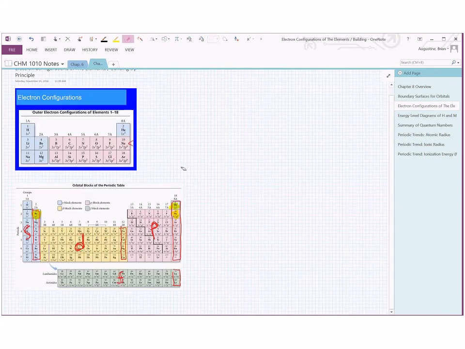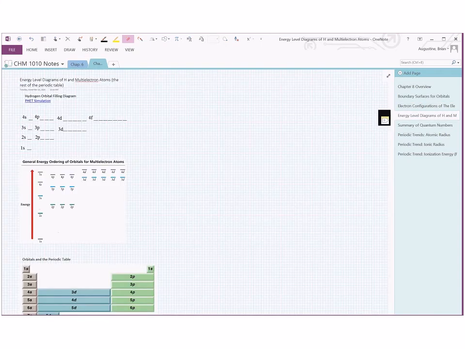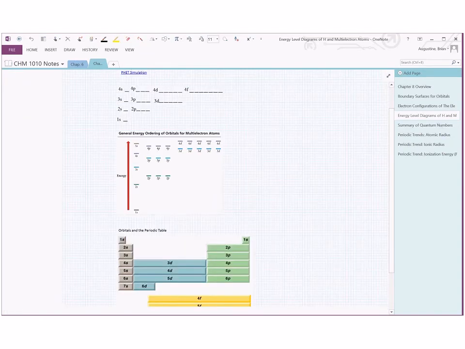Okay, and what I'm going to do is I'm going to give you some principles or rules to follow. First thing I'm going to tell you is the transition metals are the ones, as always, the bad boys, who break some of the rules. And let's try to understand first the filling order. You've just taken my word for it, but let's take a look at the energy filling diagrams.